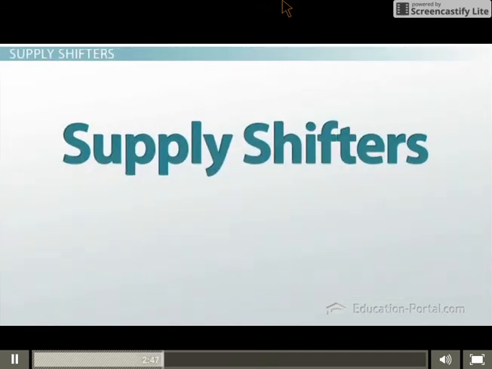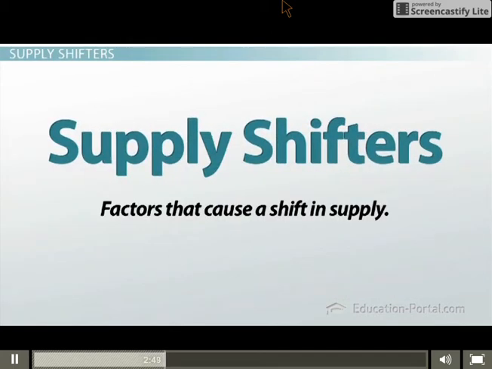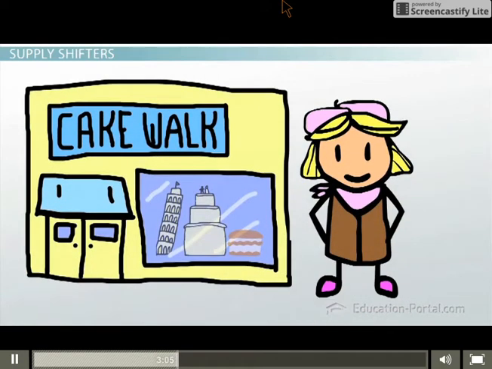Let's talk about supply shifters now. Factors besides price that cause a shift in supply, whether it's an increase or a decrease, are called supply shifters. The factors that lead to a shift in the supply curve are not related to the buyers of a good or service, they're related to the suppliers of the good or service. So they're mostly about the production process.